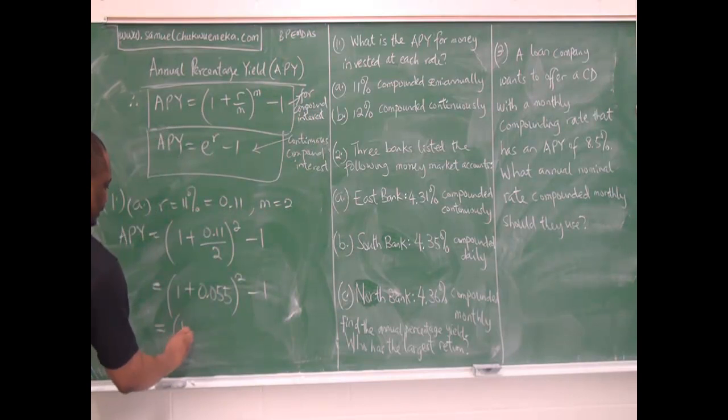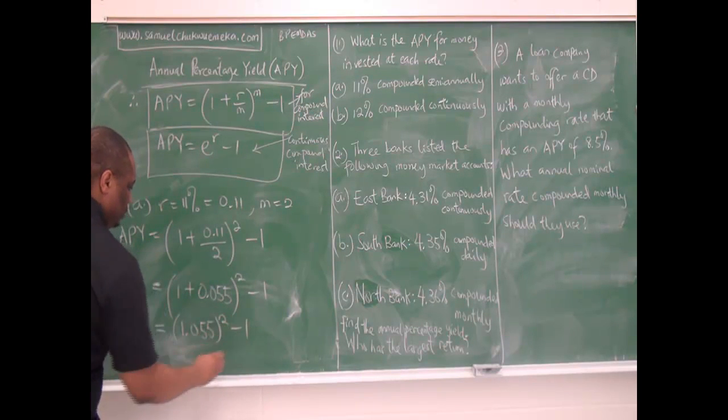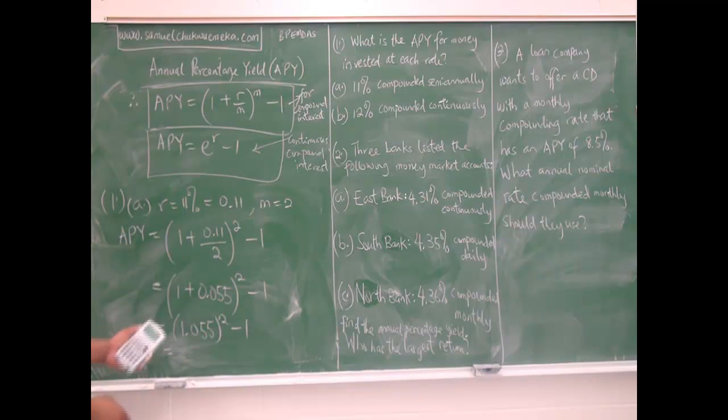So this is 1.055 all squared minus 1. Remember BODMAS, PEMDAS is important. You do the division inside the parentheses, then the addition inside the parentheses, then you do the exponent, you square it, then minus 1.